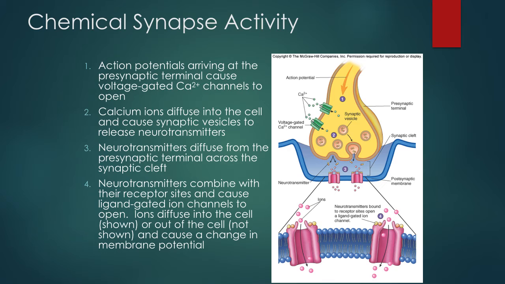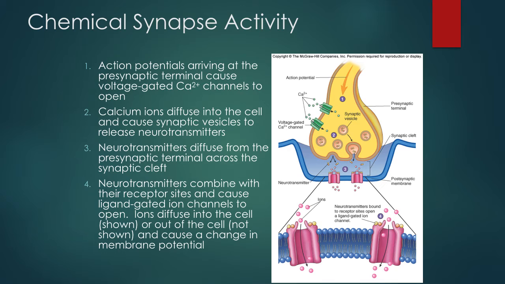They'll bind to cytoskeleton elements, and that will cause the synaptic vesicles to move towards the cell membrane, and some of them will fuse with the cell membrane, releasing neurotransmitter molecules into the synaptic cleft. These molecules will diffuse across the cleft, and they'll bind to the ligand gated ion channels.